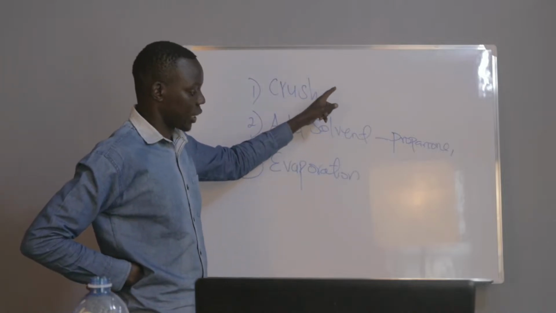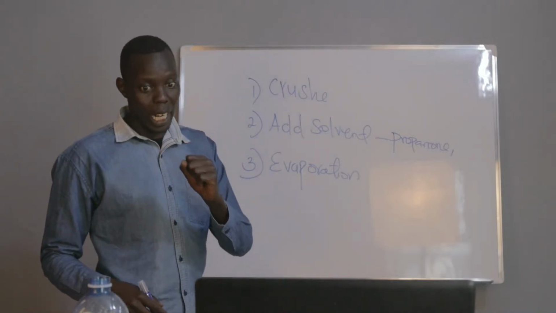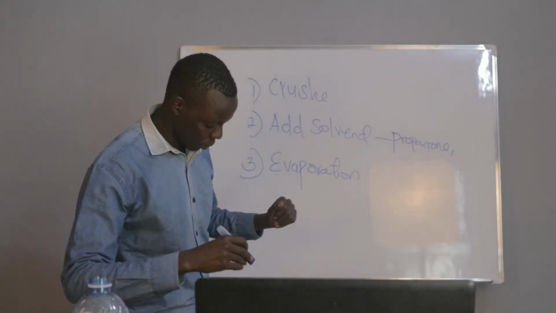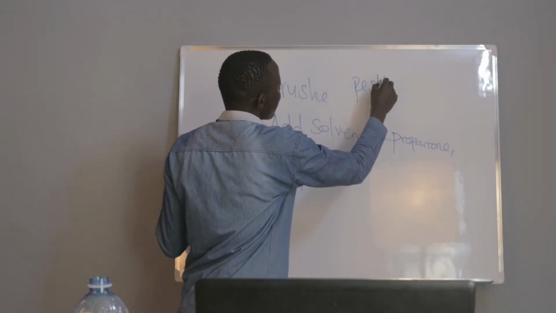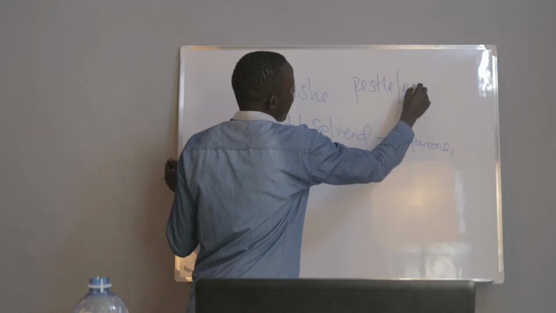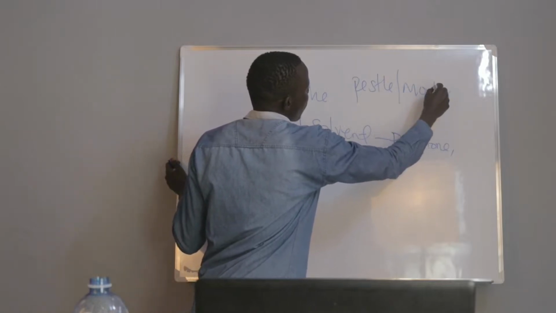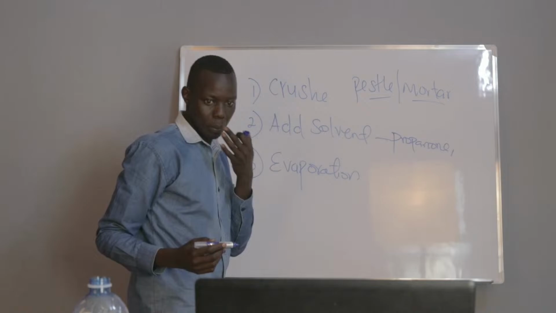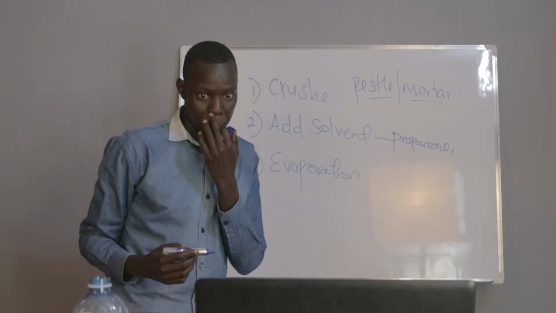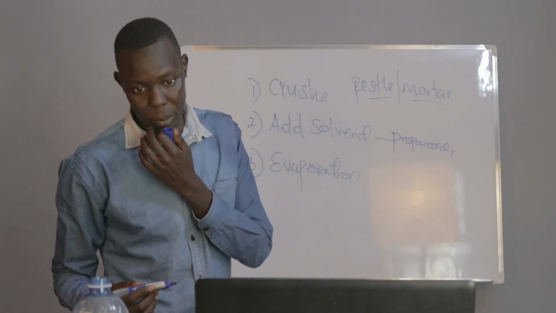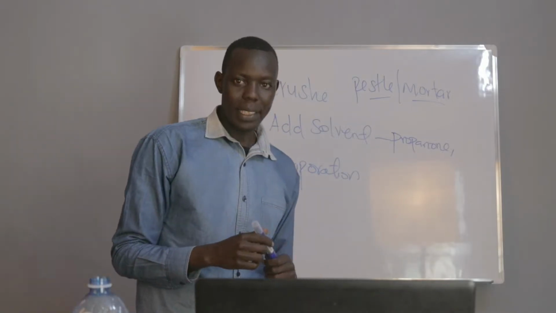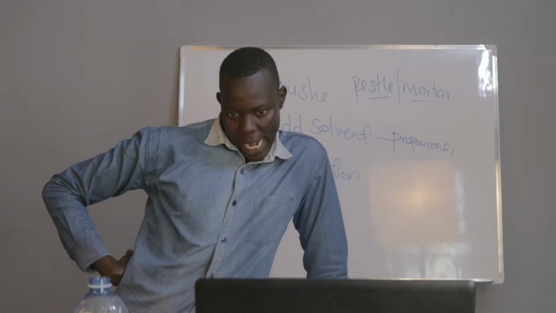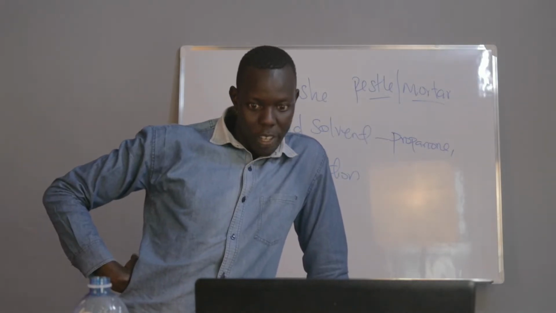So we start by crushing. If we are doing it in the lab, in a demonstration, we will crush using pestle and mortar, then we add solvent. Let me ask another question. Why do we have to crush before adding a solvent?